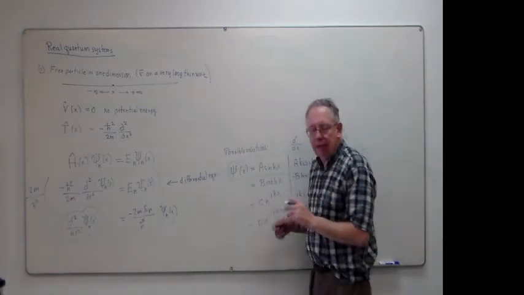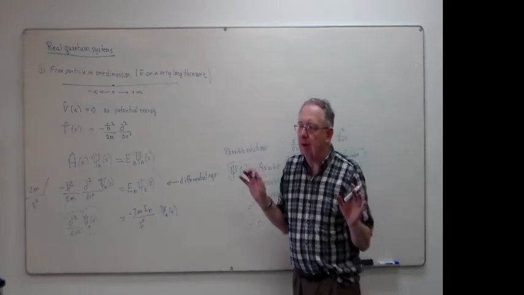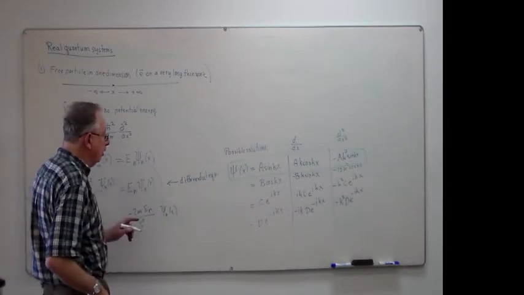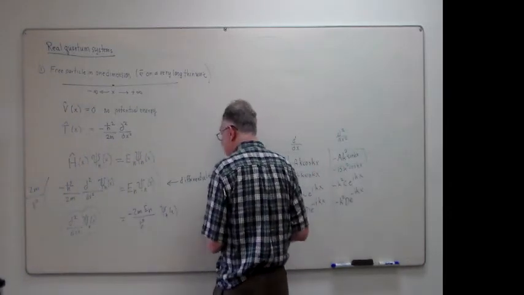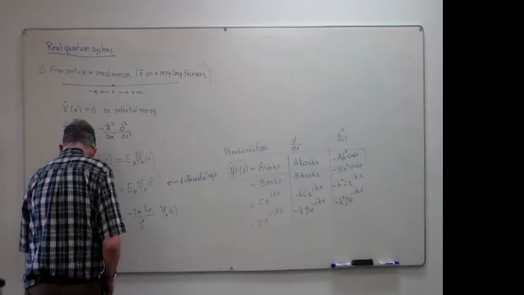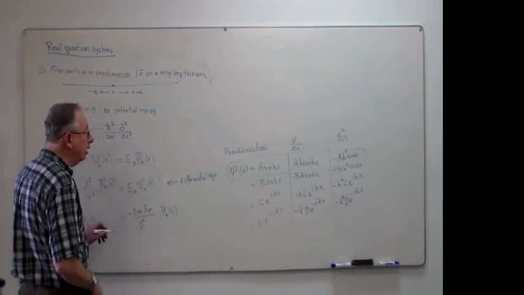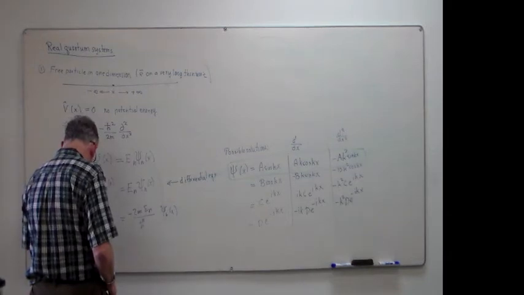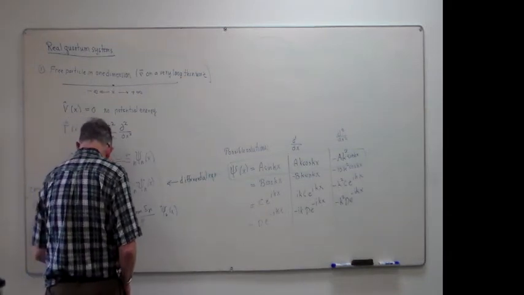We could choose any of the other ones, so all four of them will work, but I just choose the sine. The second derivative of this function equals minus A k squared sine kx.